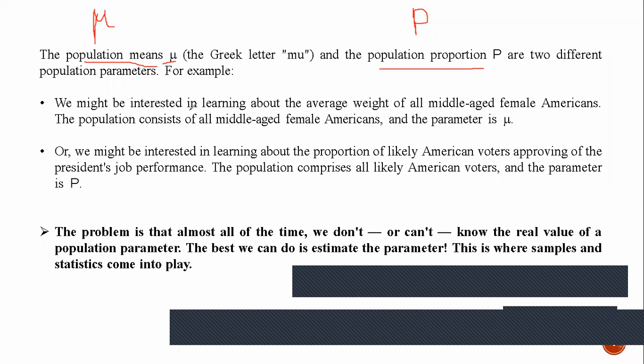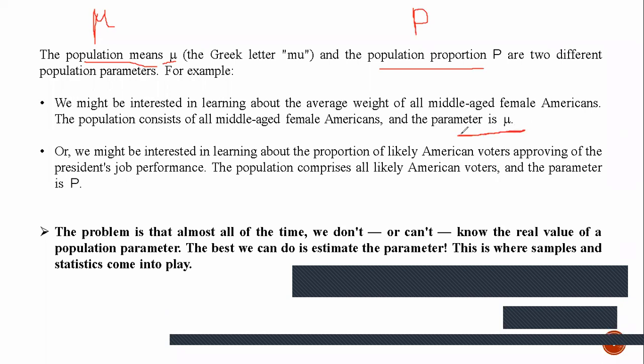So the population consists of all middle-aged female Americans and the parameter is mu. From the entire population, we derive the mean. Then we can call it the population parameter, which is the mean.